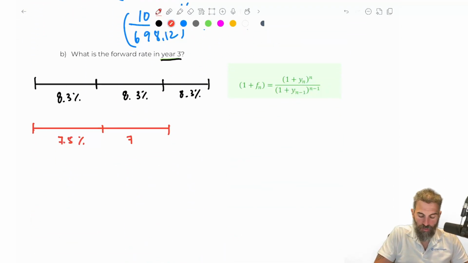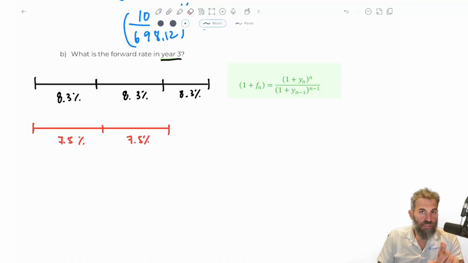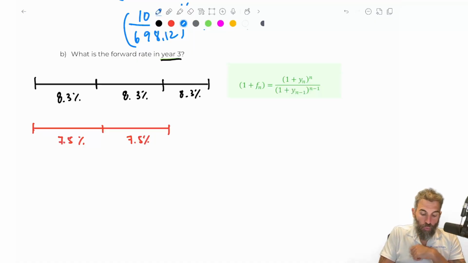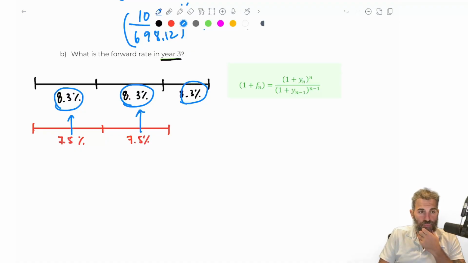So let's compare. Somebody who is willing to take the risk and buy a 3-year bond today will earn 8.3% in each year for 3 years. More than 7.5% for those first 2 years, and 8.3% in the third year as well.